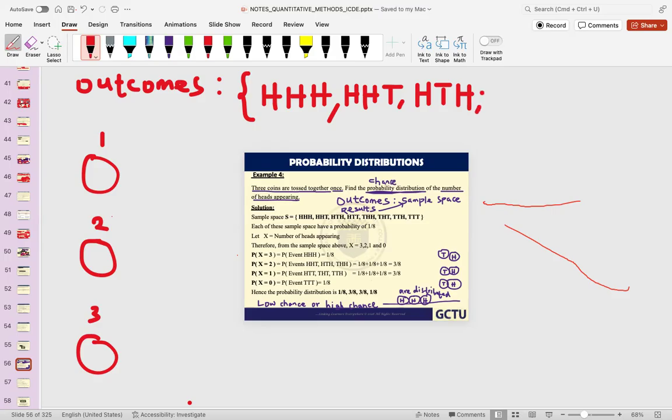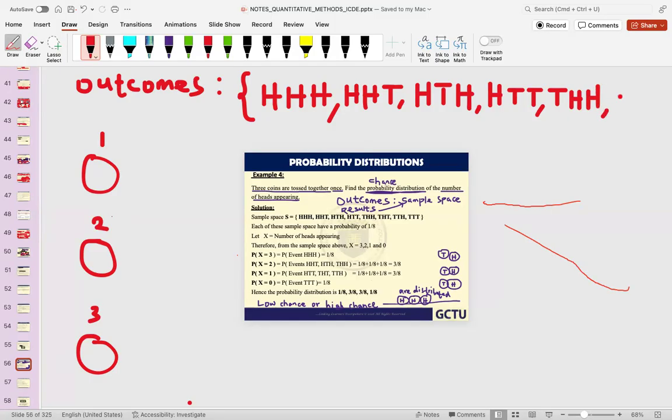Or the first will still show head, the second will show tail, the third will show tail. Or this time the first will change and show tail, the second will show head, the third will show head.